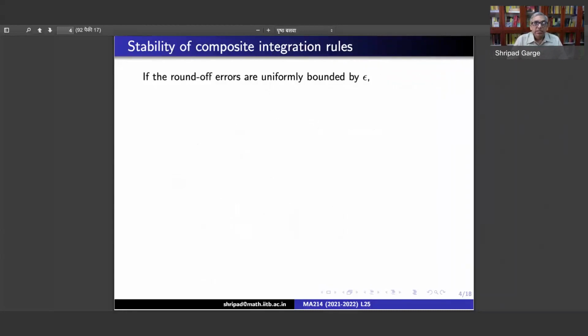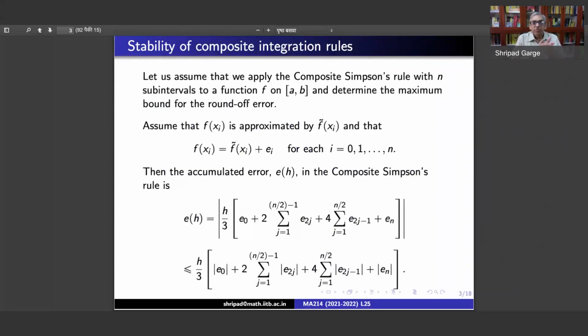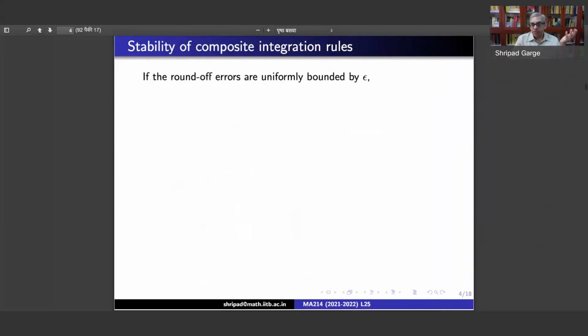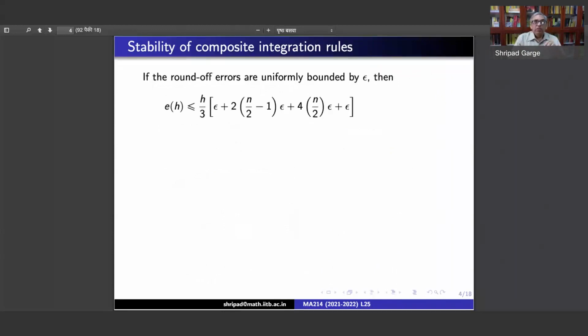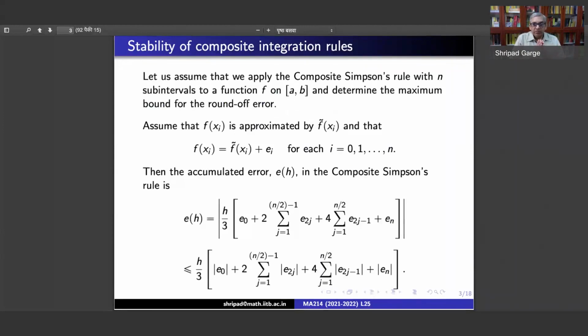Now, because there are finitely many round-off errors e_i, suppose that there is a uniform bound on them, and let's call that bound epsilon. In this formula, each of the mod e_i can be replaced by epsilon, and we will have a less-than-or-equal sign.